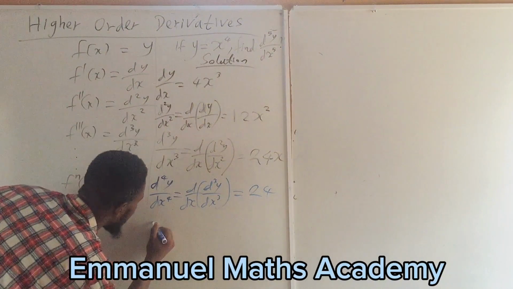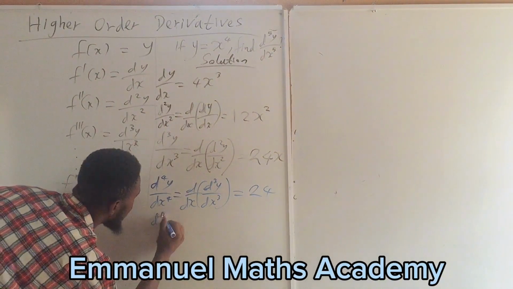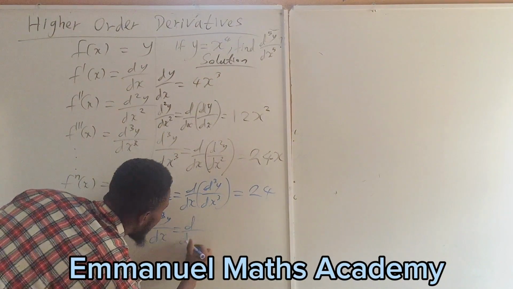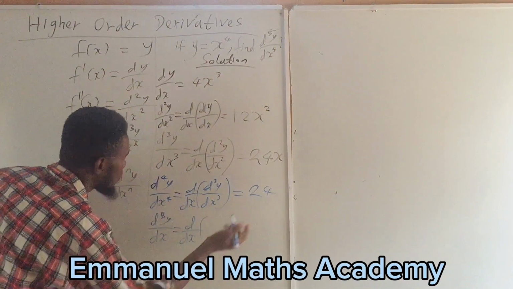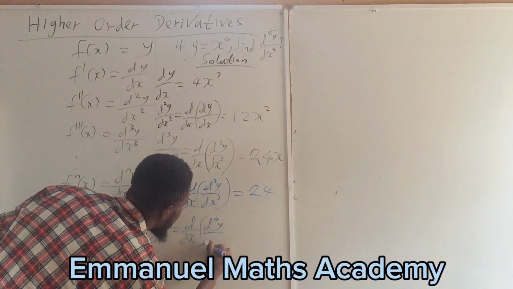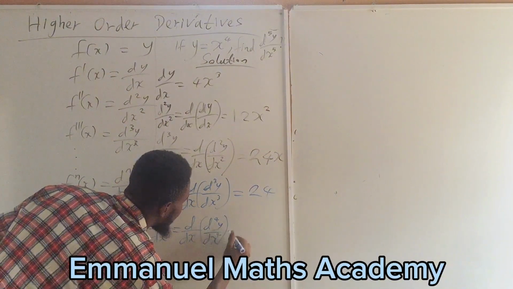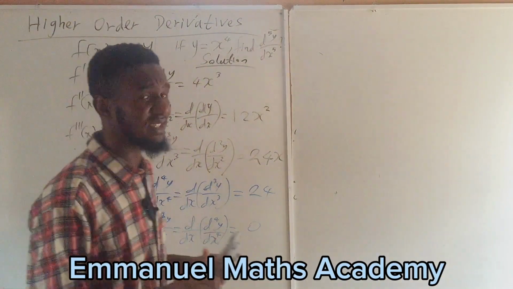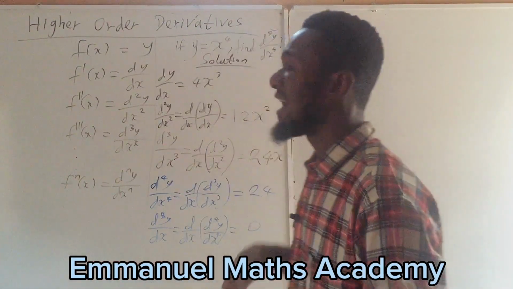Then the fifth now becomes d over dx, differentiating this fourth one another time, right? It is equal to 0. As simple as that. This is just the concept behind higher order derivatives.